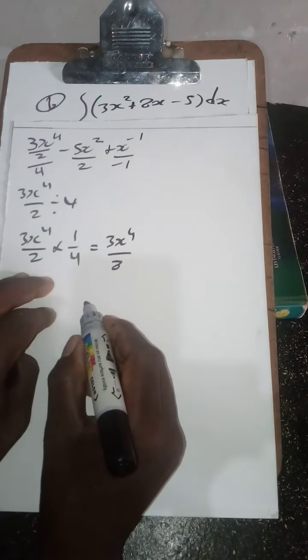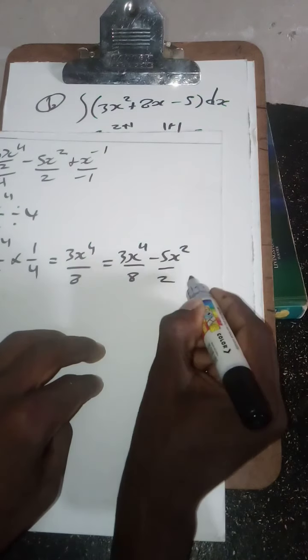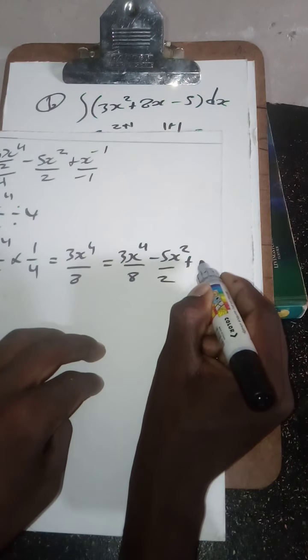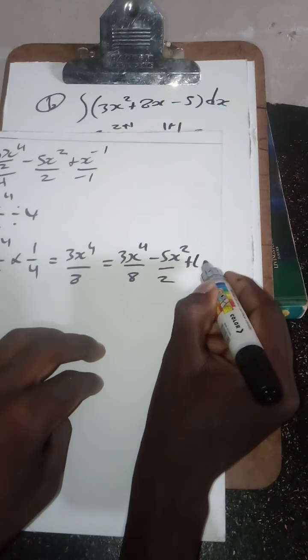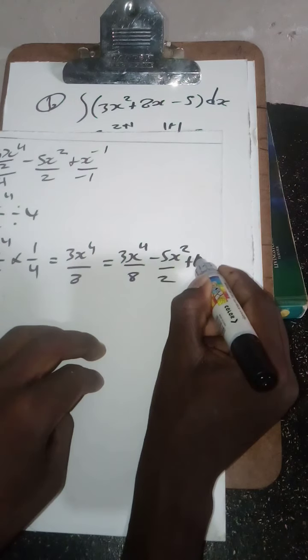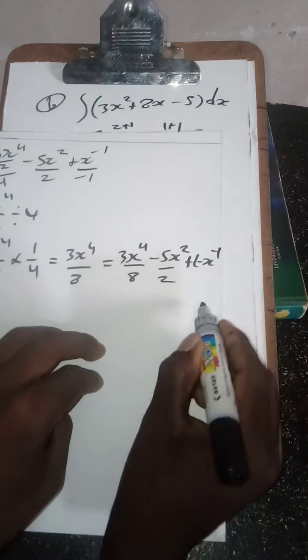Now to write the final answer, this will be 3x to the power 4 divided by 8, minus 5x to the power 2 divided by 2, plus, this is going to change the sign, so we have negative x to the power negative 1.